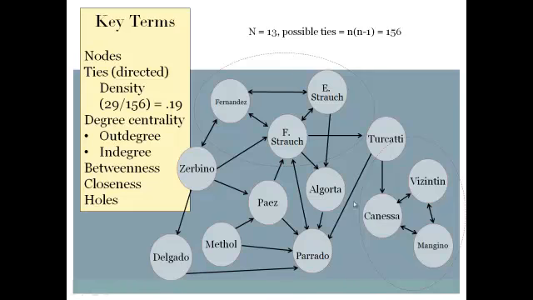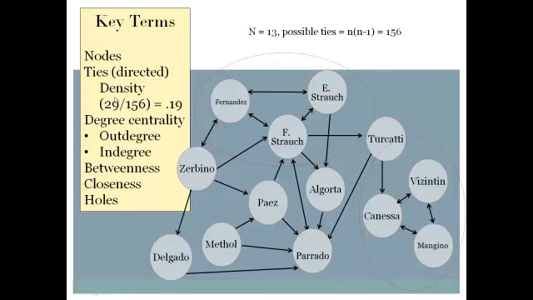This node is connected to 1, 2, 3, 4, 5, 6 other nodes, and essentially those individuals are communicating with Parado. They are sending information to Parado. Parado, on the other hand, communicates directly with F. Strauch over here. In this case, it's a two-way communication. Everything else is communicated in one direction.